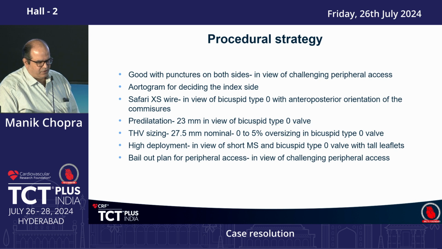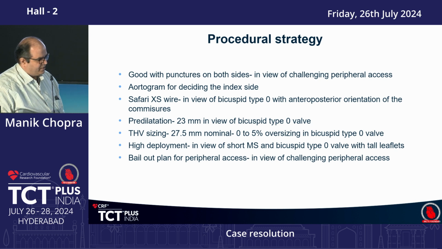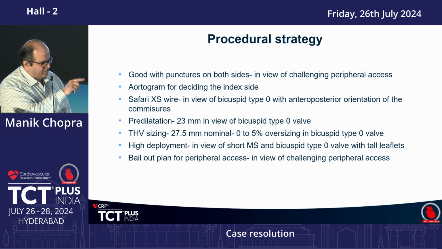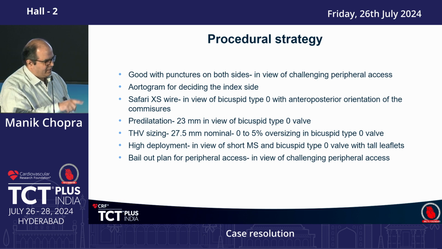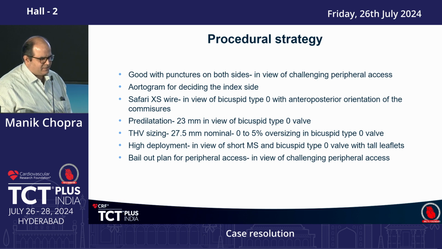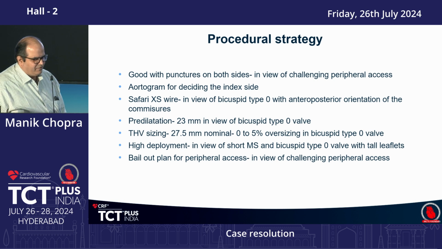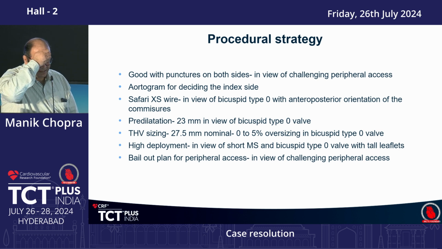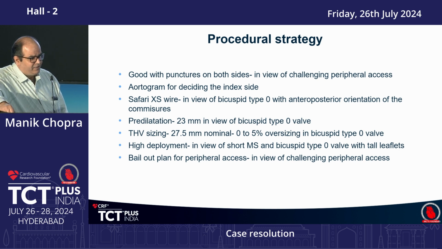Safari extra small for sure, because we know that in bicuspid type 0, because of the zigzag orientation of the leaflet and then the opening and then the LV cavity, it's best that you take Safari extra small, because it would be difficult to park a Lundquist wire safely, and mostly it would be pointing downwards rather than upwards sometimes if it is horizontal.